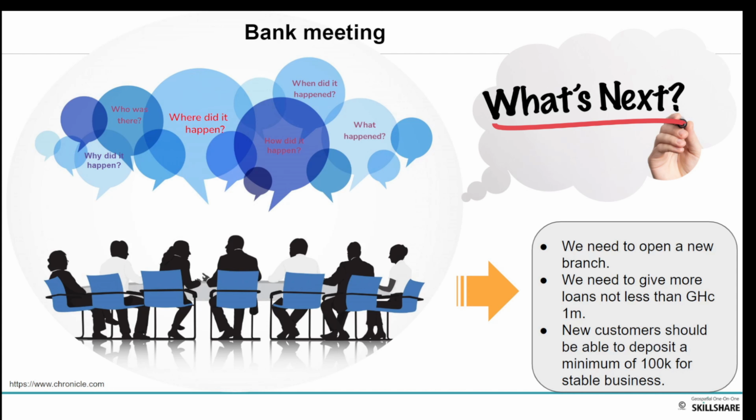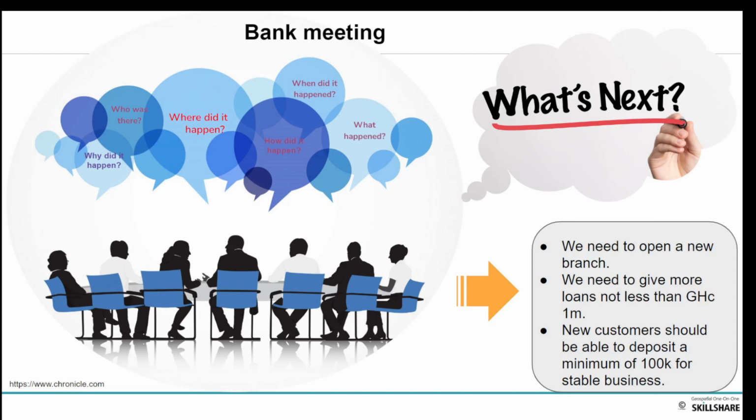Without the answers to the question where, which I have just mentioned over the three scenarios that I have given you, there cannot be any action taken. Everything that was discussed in this meeting cannot be implemented effectively, if at all. And so the question becomes very important.